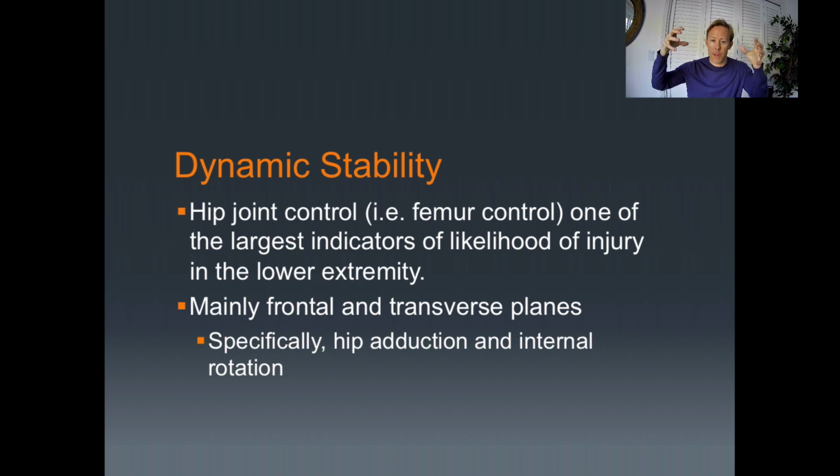The femur will kind of move in, and it might rotate in as well. Those are the compensations that are more associated with injury, especially to the knee. But you do see some people get hip pain too, like bursitis on the outside of the hip, or IT band type syndromes on the outside of the leg associated with this type of movement pattern.